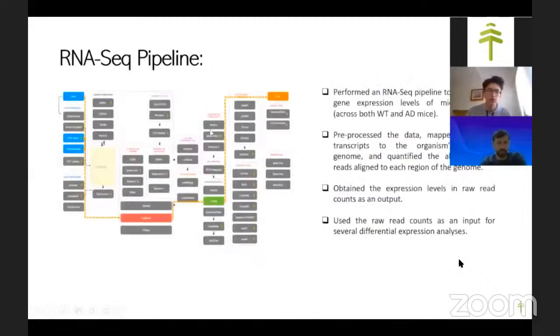I performed an RNA-seq pipeline. So I quantified the gene expression levels of microglial cells, both across the wild type and the AD mice.